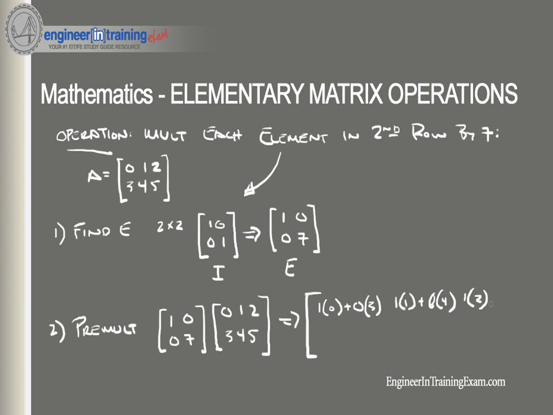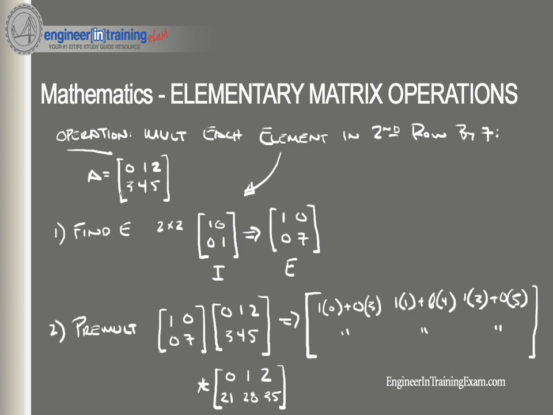You can carry out the remaining elements to determine that we get a matrix of 0, 1, 2, 21, 28, 35. So once again, you can quickly confirm that our operation of multiplying each element in the second row by 7 has been completed by looking at our original matrix and our new matrix.